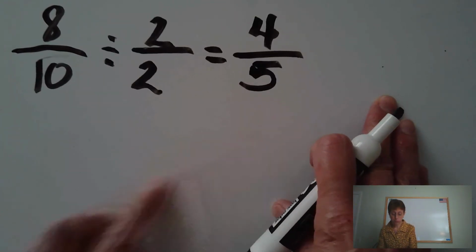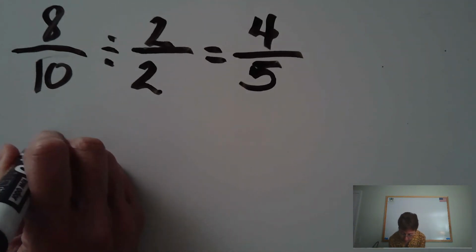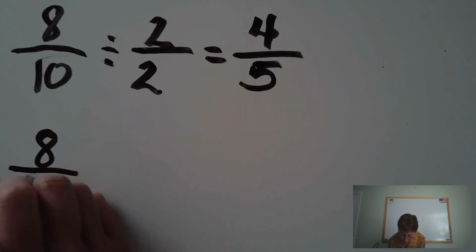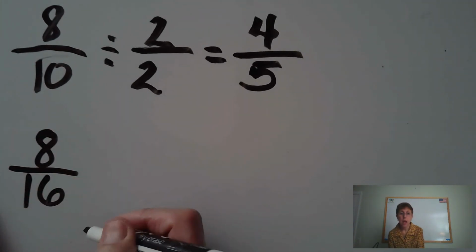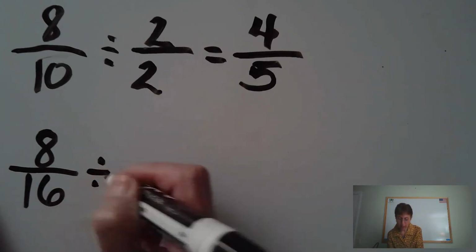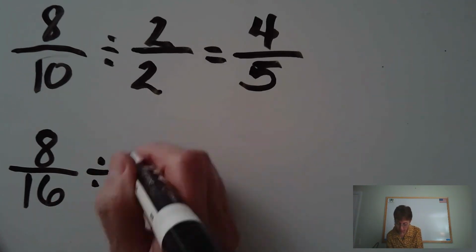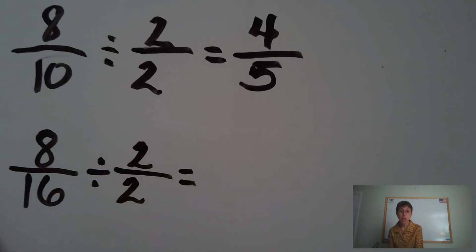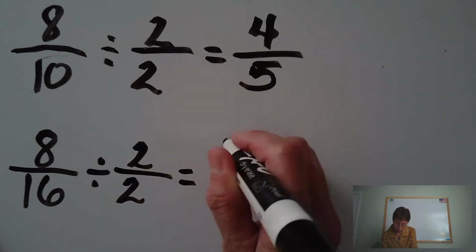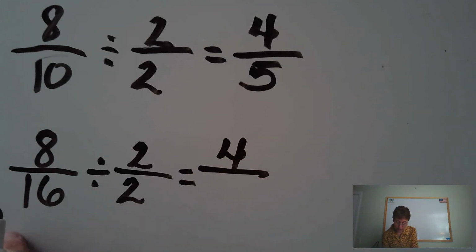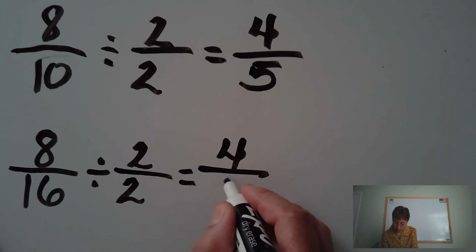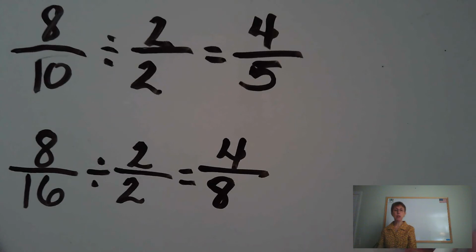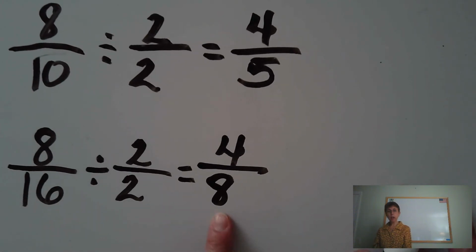Now sometimes, and I just wanted to show you this, let's say we were doing 8/16. And you said, okay, I know both of those numbers can be divided by 2, so let's do 2/2. So 8 divided by 2 equals 4, and 16 divided by 2 equals 8. Well, now look what happens. When I look at 4/8, I notice, wait a minute, I can still divide that further.